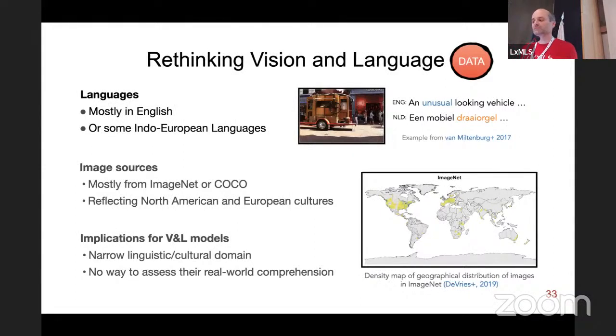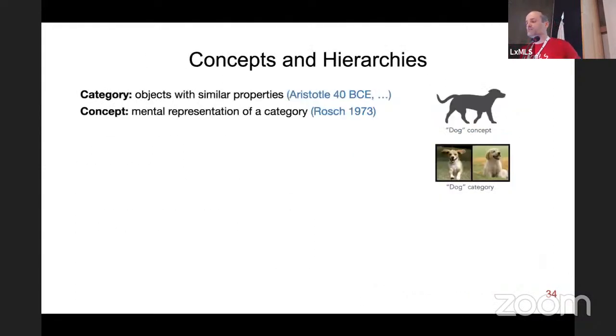If we think back to when we learned about concepts and hierarchies of concepts, the idea here is that you would have some kind of concept of dog as a mental concept in your mind, and it could be realized through some kind of category representation. For example, here, these 2 cute dogs.